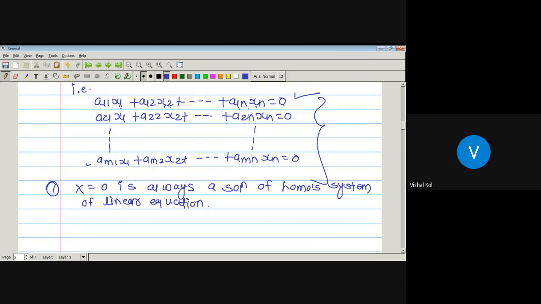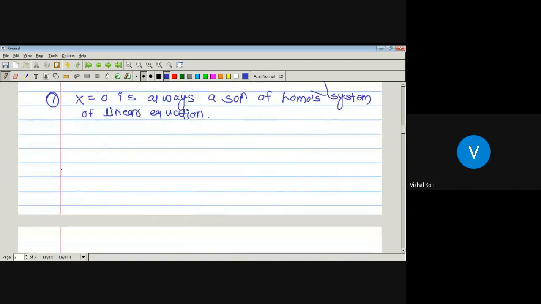Okay, it means as x equal to 0 is always a solution of a homogeneous system of linear equations, and we know that if a system of linear equations has a solution, then it is said to be consistent, and if it has no solution, it means it is inconsistent.